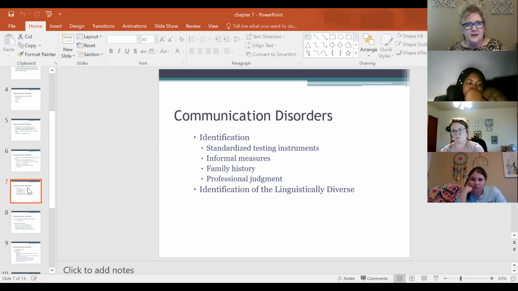And so we've got to be careful that we're parceling those two things out really well and saying it's not the language difference that's the problem, it's a language disability.